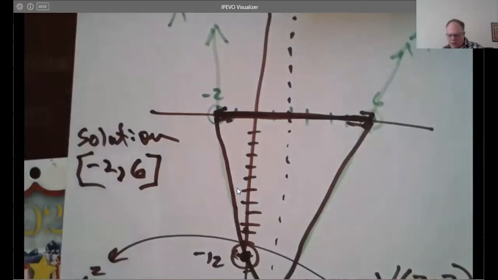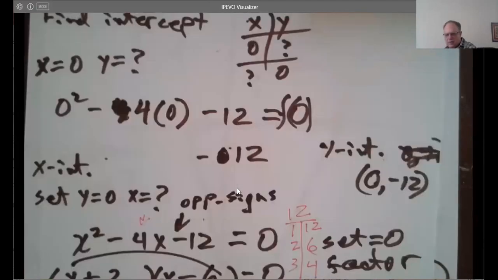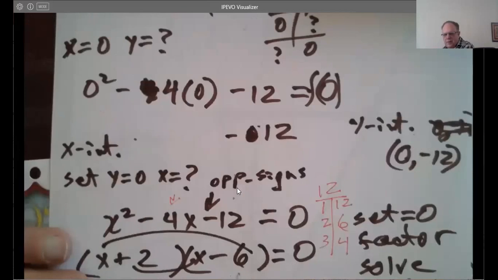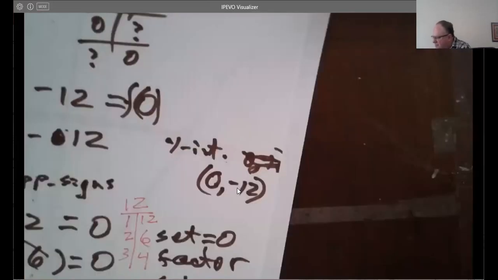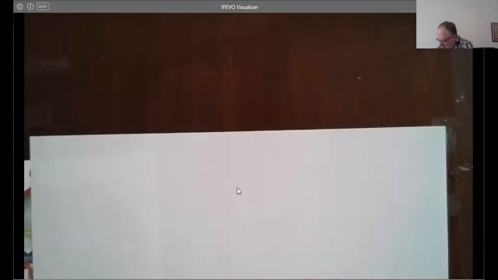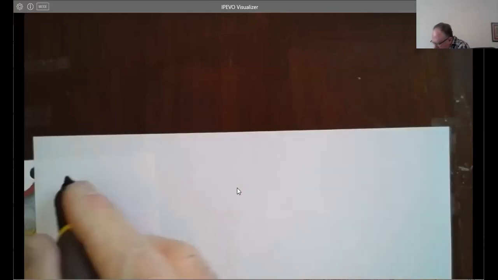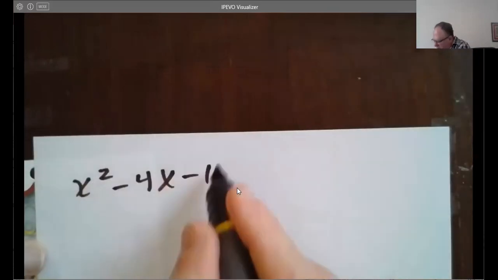All right, now to get back to your question, why did we use 2 and negative 6? Because, let me use a different sheet of paper here. Okay? This is x squared minus 4x minus 12.